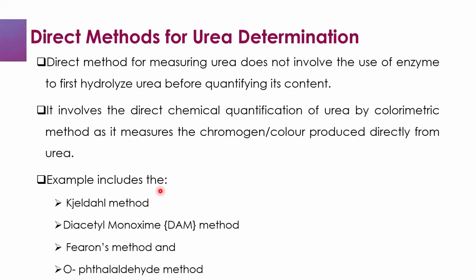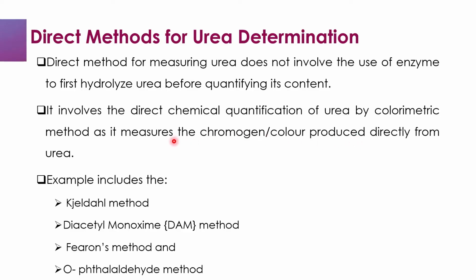So let's start by looking at the direct method for urea determination. What we have to note here is that the direct method for measuring urea does not involve the use of an enzyme to first hydrolyze urea before quantifying its content, but rather it involves the direct chemical quantification of urea by colorimetric method as it measures the chromogen or the color produced directly from urea.